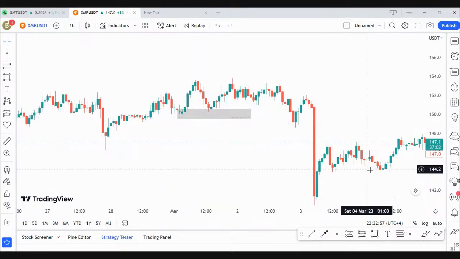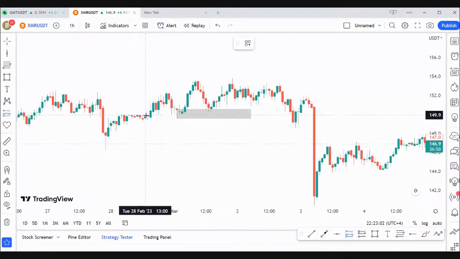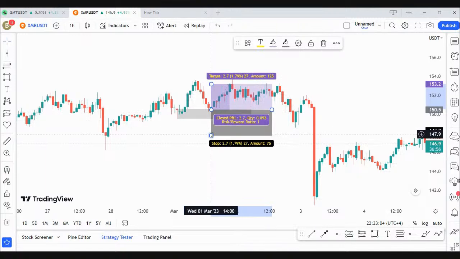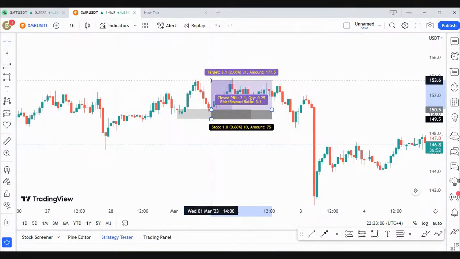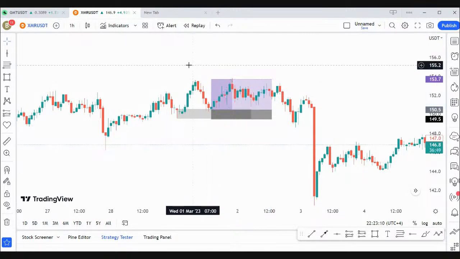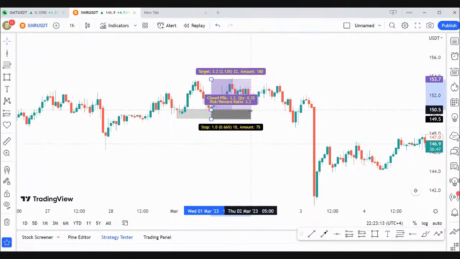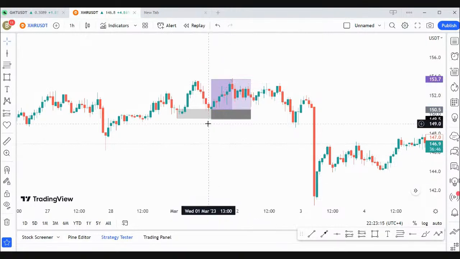If we are to trade this, we enter here, put a small stop loss here, put our take profit at the top, and you sell off and you make some money.